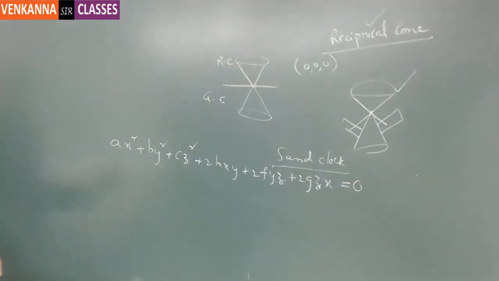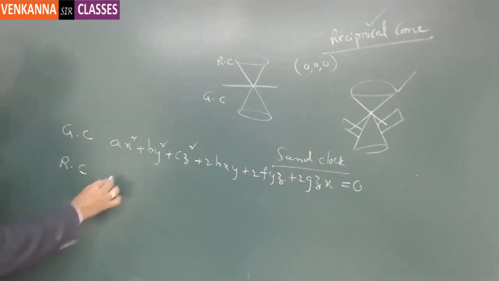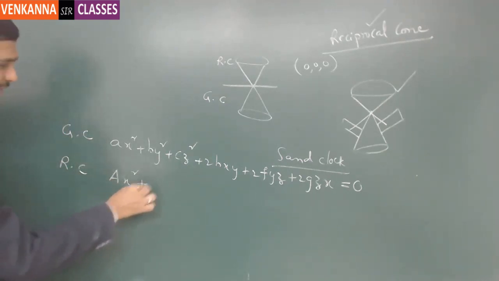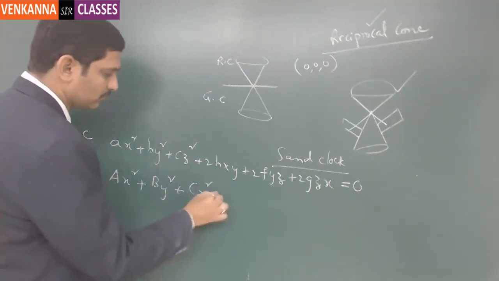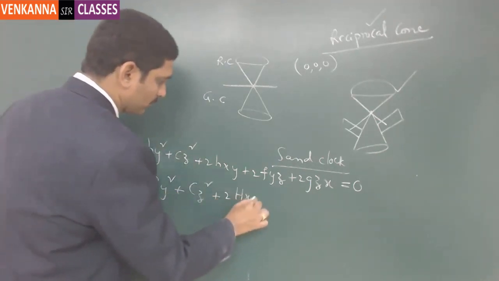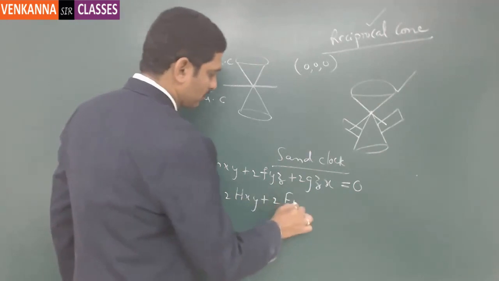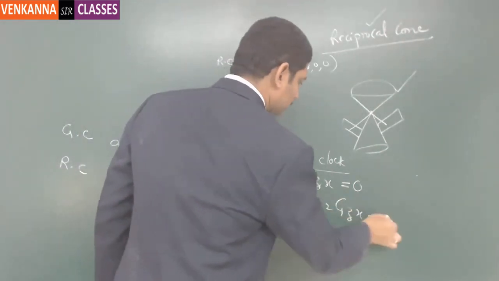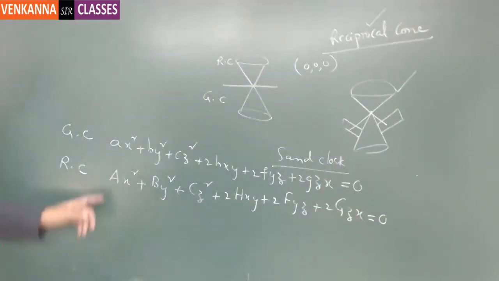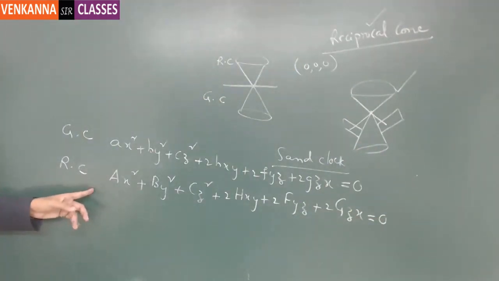If you want to find the reciprocal cone of it, then if this is the given cone, the reciprocal cone equation is given by, we use the symbols capital A, B, C. This is the equation for the reciprocal cone, the formula.